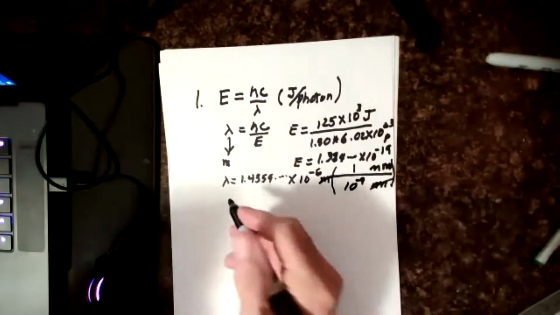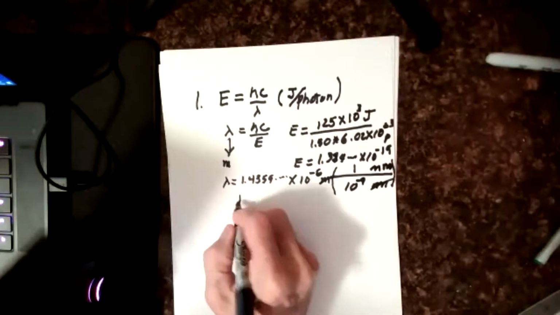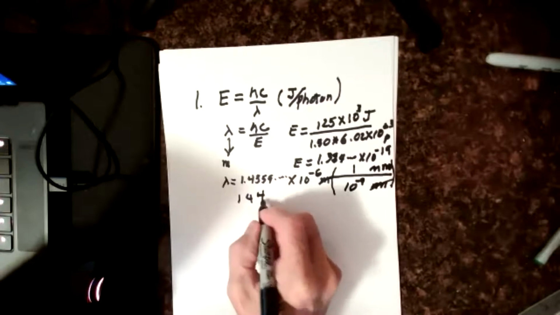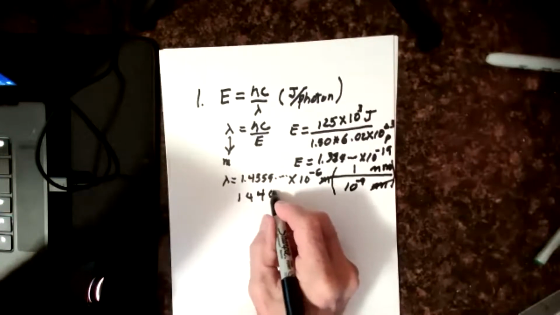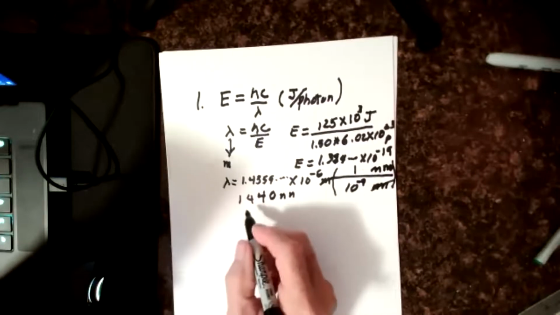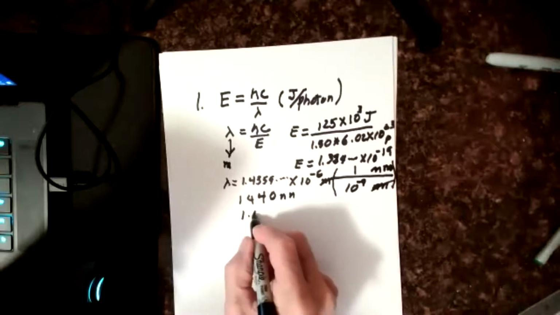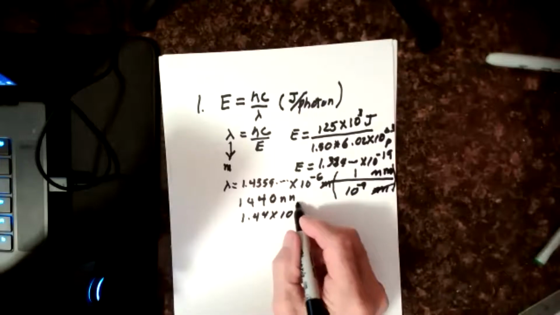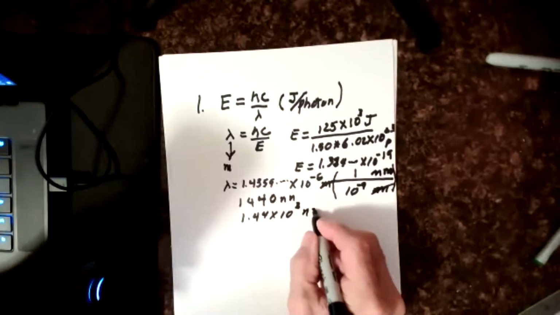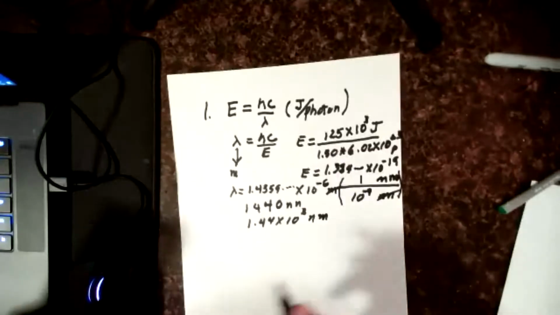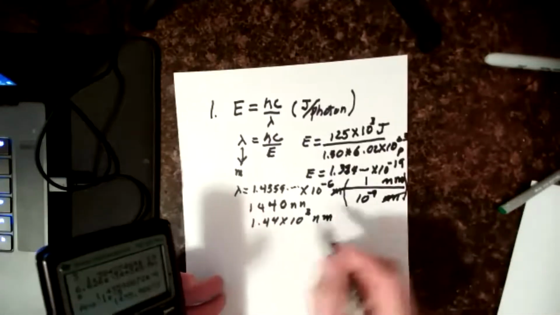Yes, I get 1,440 when I round off to 3 significant figures, nanometers, and that would be 1.44 times 10 to the third nanometers as my final answer. Okay, and that is response C.